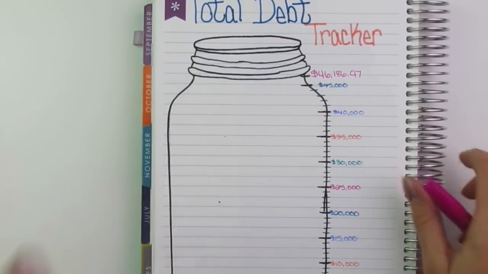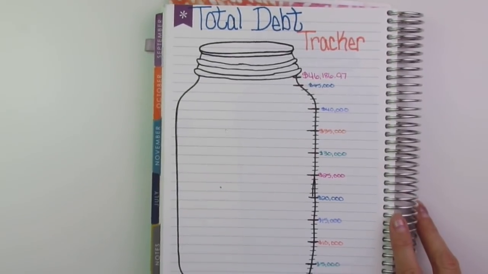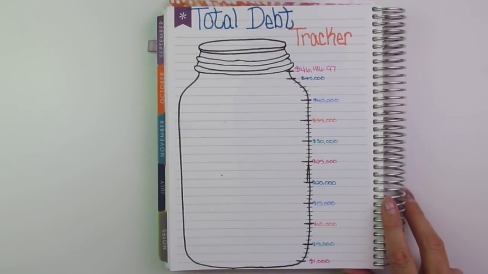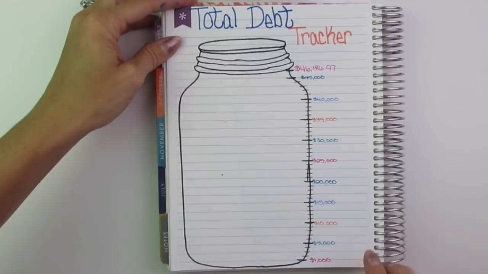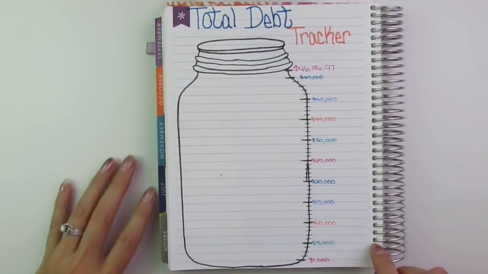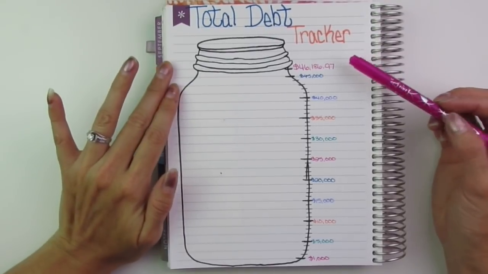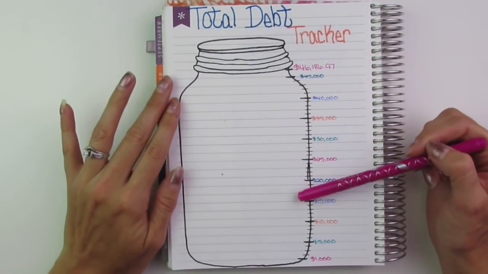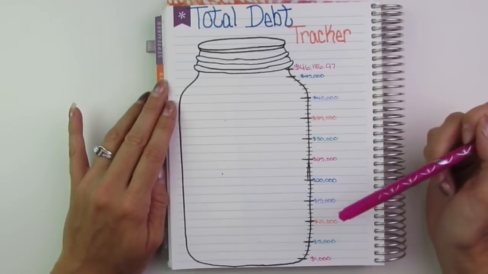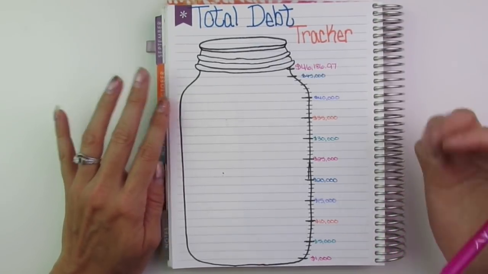And now, so that was the individual, and now this is the total debt as a whole. And I'm actually going to be able to color some of this in for you guys on this video. Oh goodness, I just about fell. So, this is obviously a mason jar. It is not the prettiest looking mason jar, but I did my best.